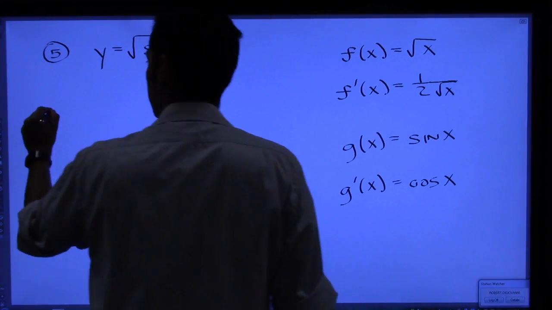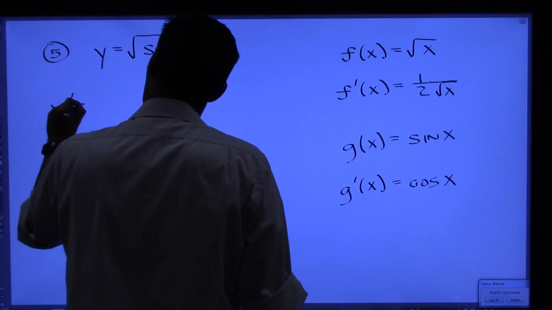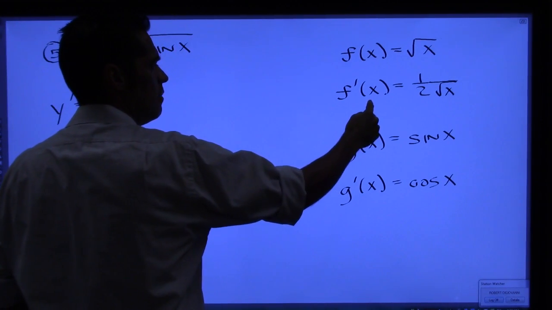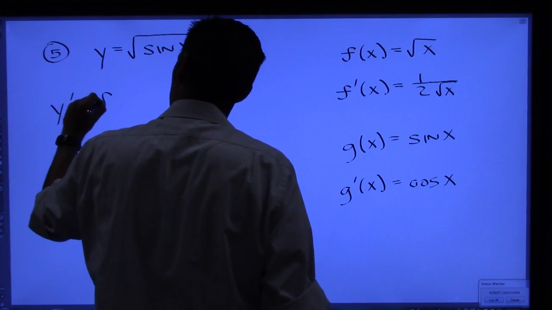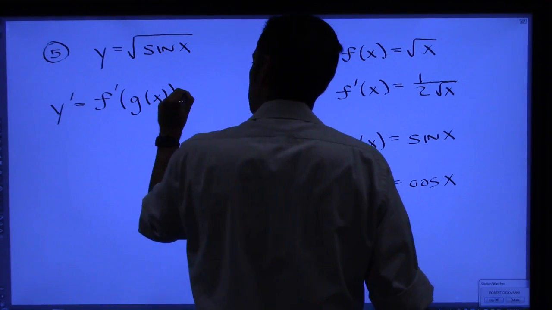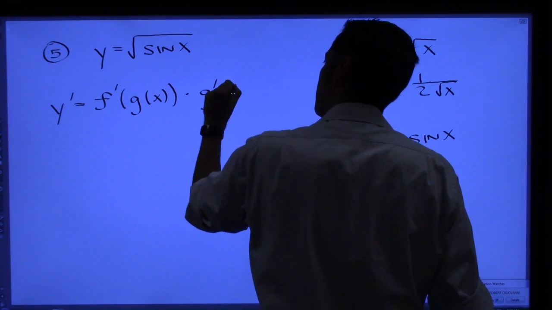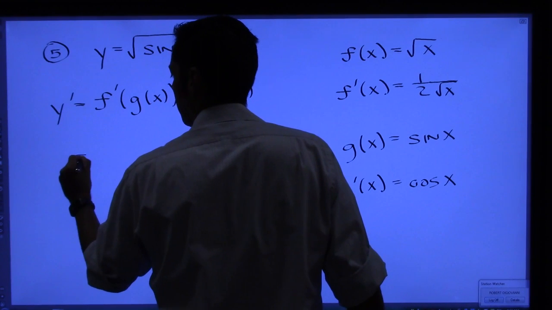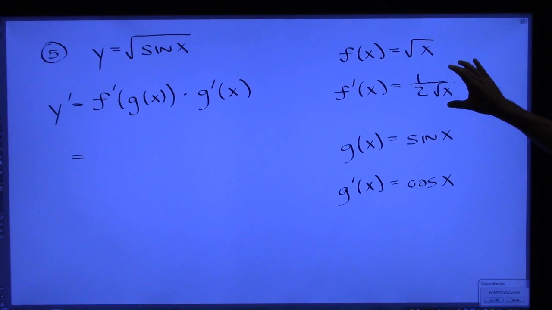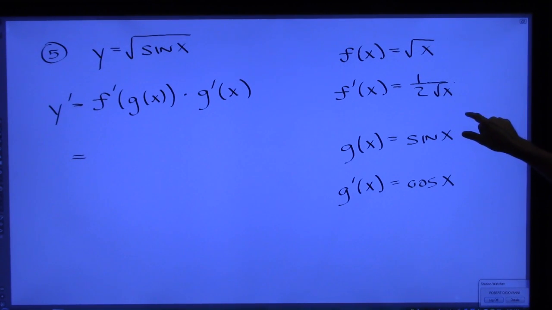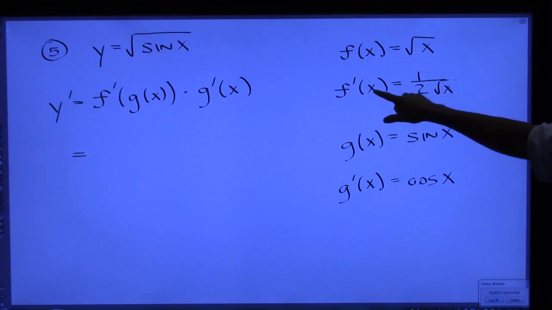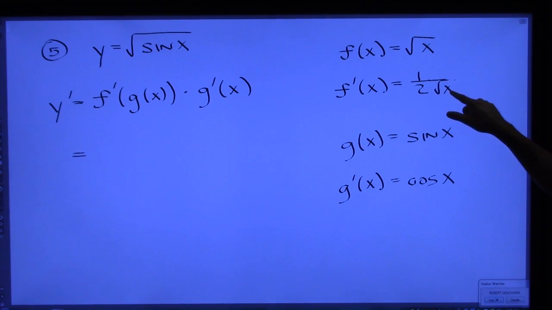So this derivative should be the derivative of the outer function, which is this, but with g of x plugged in, and then times the derivative of g of x. So I'm just writing down the formula. The derivative of f, but instead of plugging in x, I'm going to plug in g.